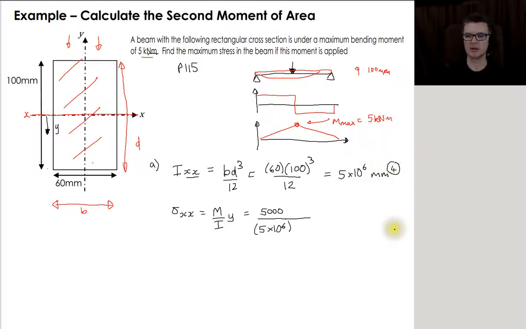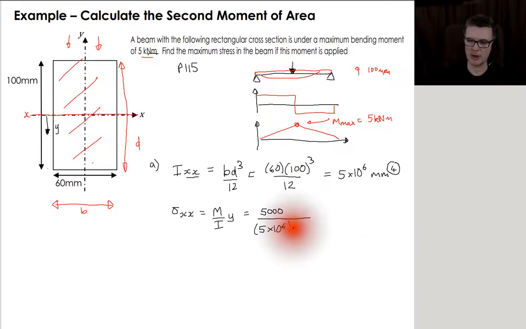To convert that into meters to the power of 4, I need to divide by 1,000 once, then again, then again, then again. So that's 4 times, basically dropping the indices by 3, 4 times. 3 times 4 is 12.